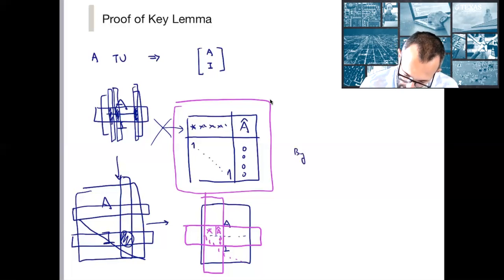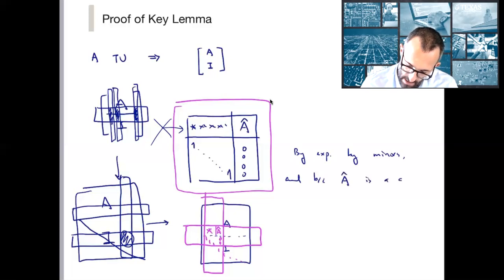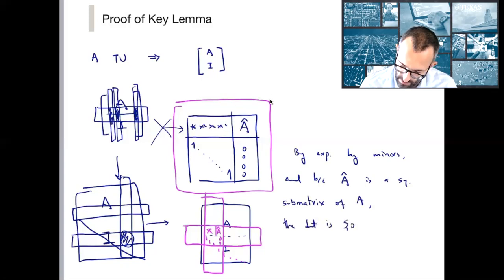So by expansion by minors, and because A hat is a square submatrix of A, the determinant is indeed going to be in 0, +1, or -1.